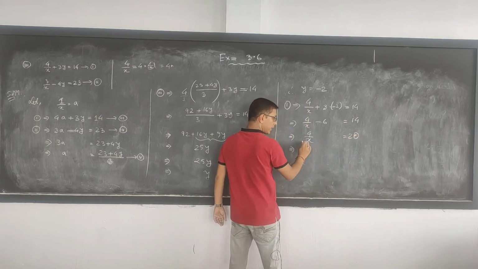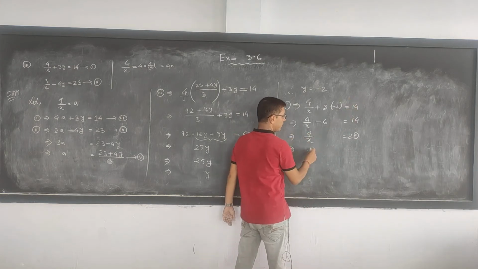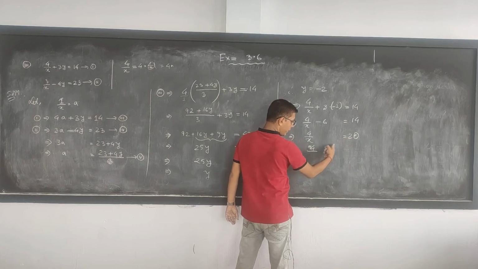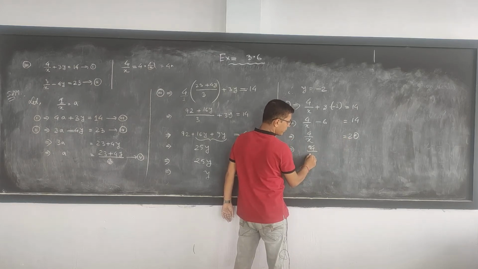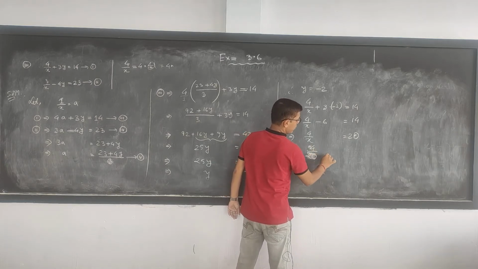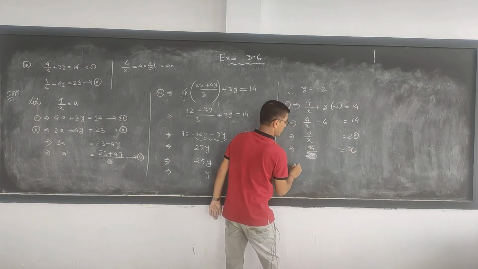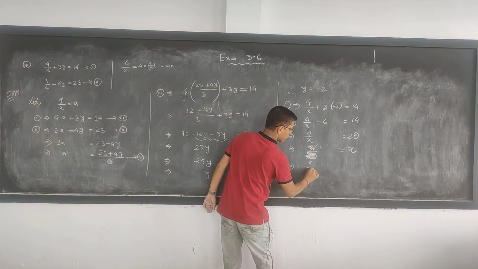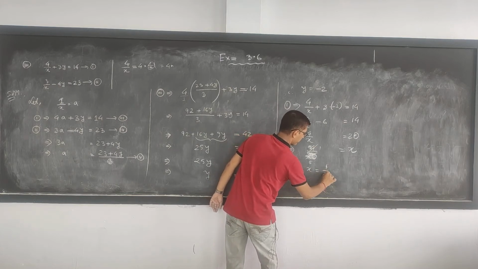So shift this 20 this side and shift the x that side. Then 4 by 20. 20 नीचे आ जाएगा, इसको नीचे लाओगे तो नीचे आएगा ये, सॉरी इस जगह में 20 आ जाएगा और दिस इज x. So x will be equals to 1 by 5.